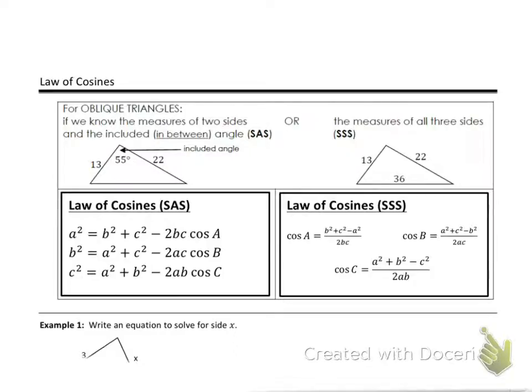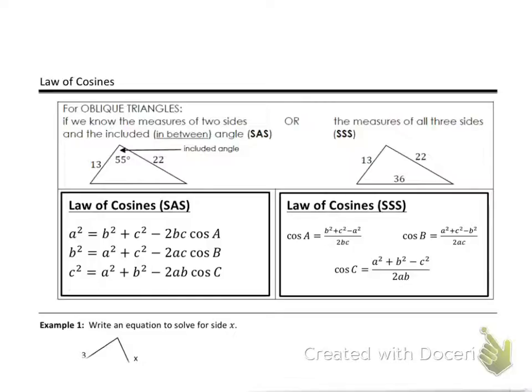And why that's useful is because if I'm looking at side A, we're just adding the other two sides squared. The other two sides are being multiplied by 2, and then we use the angle of the side. So the only time we're actually using A is the angle. So if you can memorize this pattern, you basically have all of these memorized, all right?